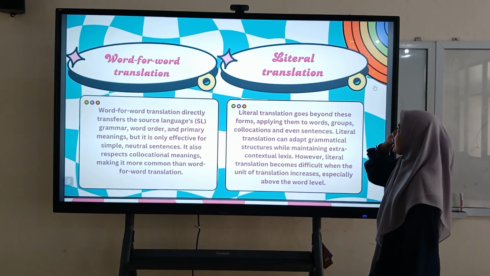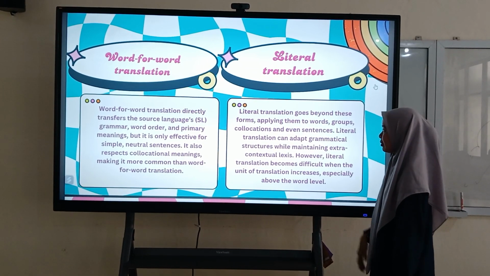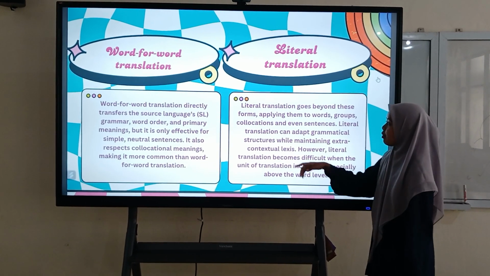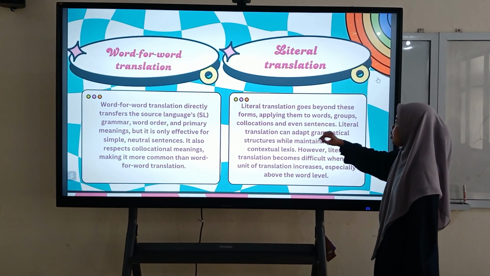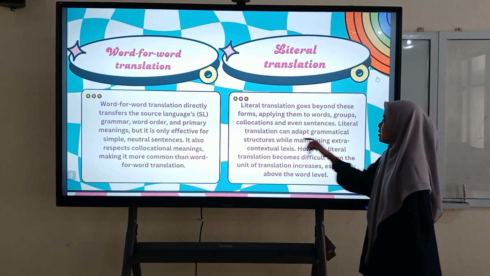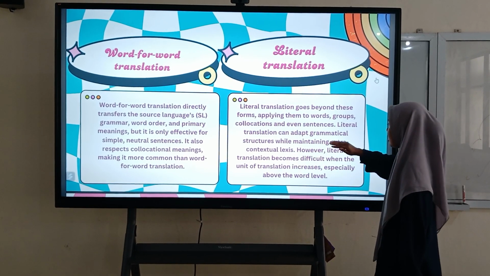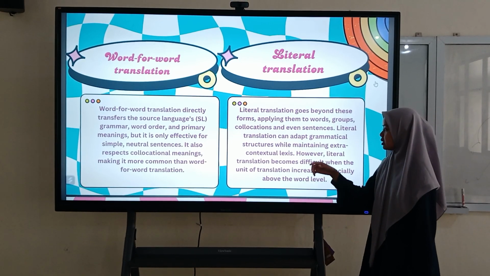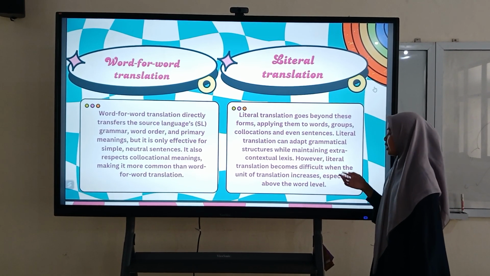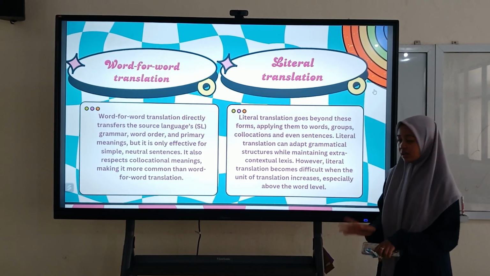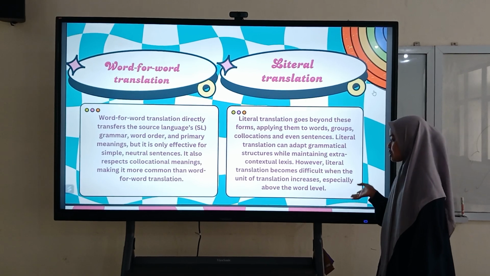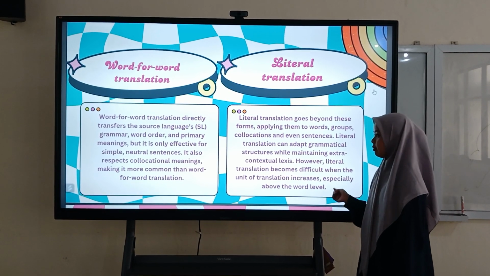And next is literal translation. Literal translation goes beyond these forms, applying them to word groups, collocations, and even sentences. Literal translation can adapt grammatical structure while maintaining extra-contextual things. However, literal translation becomes difficult when the unit of translation increases, especially above the word.